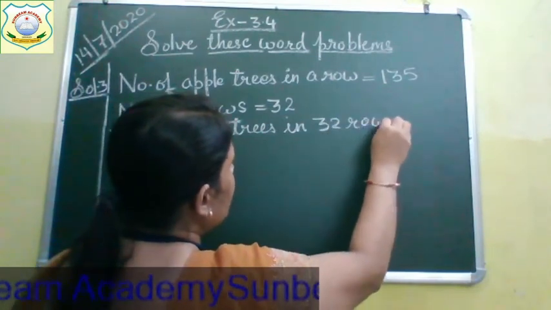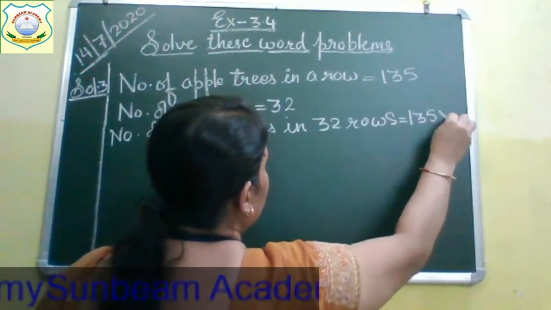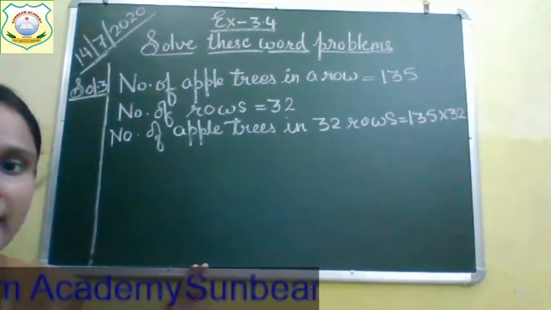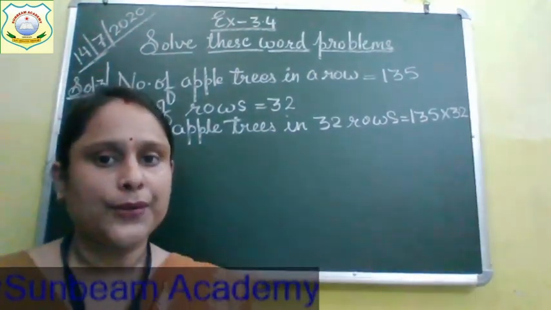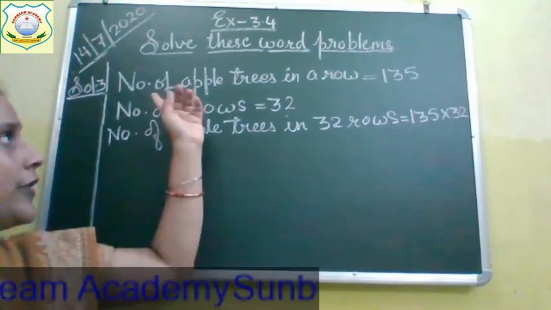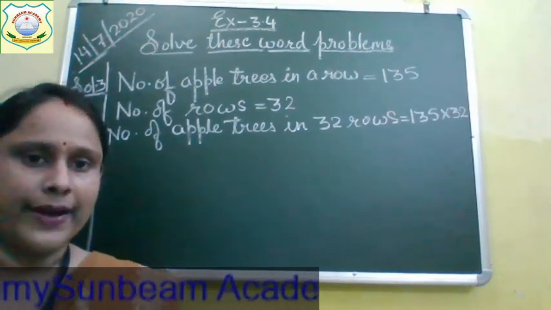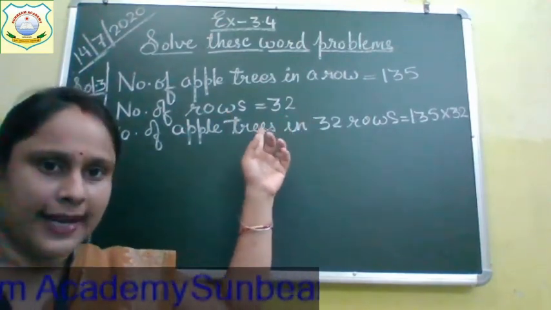So what will we do in this question? We will multiply 135 into 32. You will write this in one line: number of apple trees in a row, 135. Number of rows, 32, in the second line.